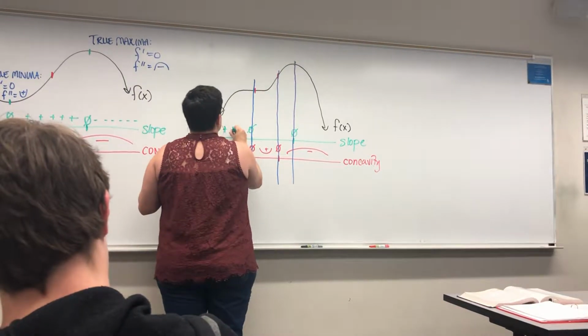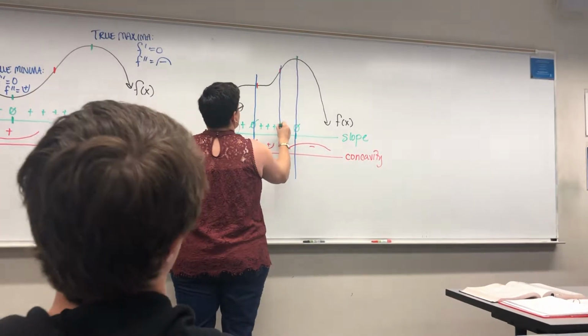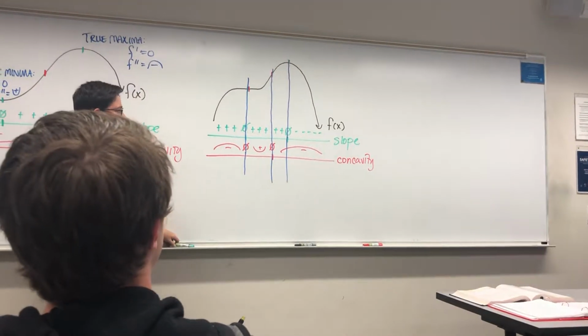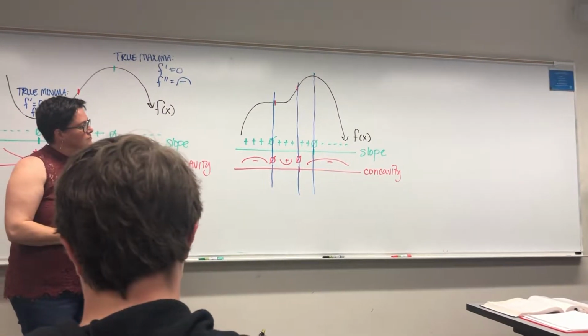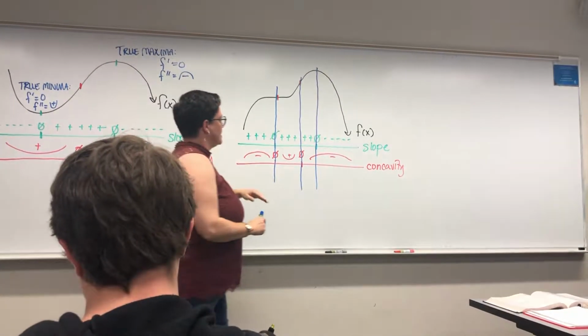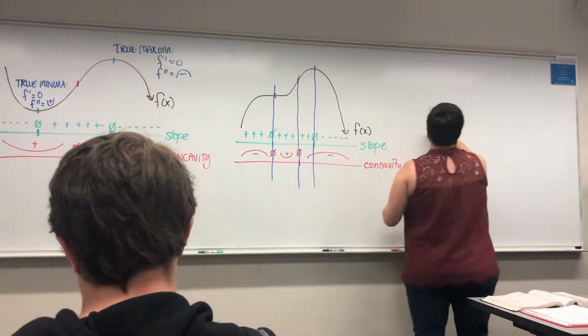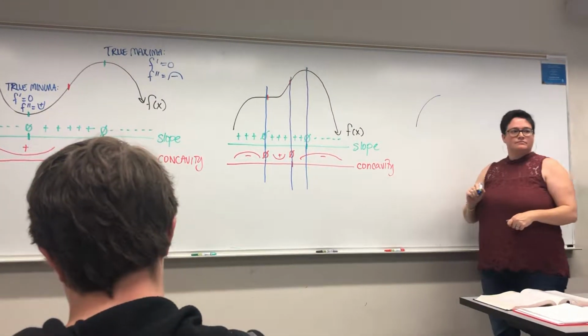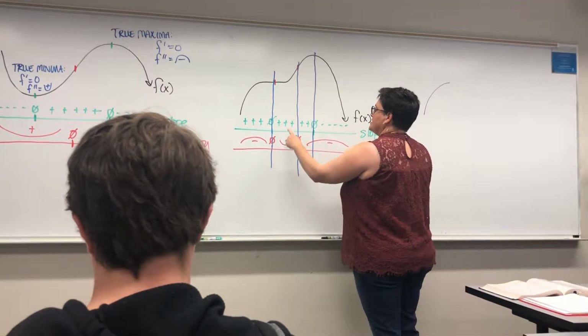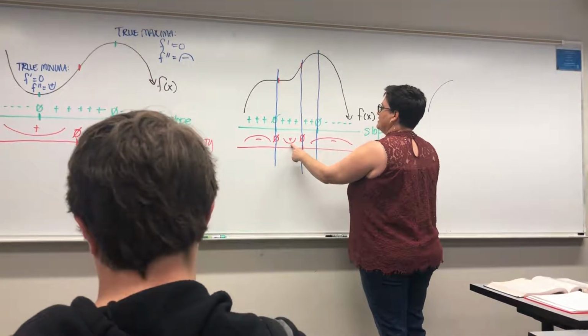Oh, by the way, this was positive slope, negative slope, so that matters. Okay. So my first region has a positive slope and a negative concavity. Just like that. Okay? My second region has positive slope, positive concavity.